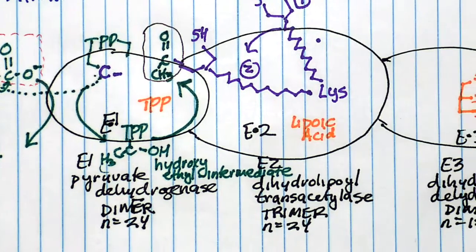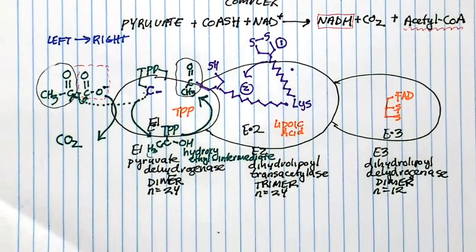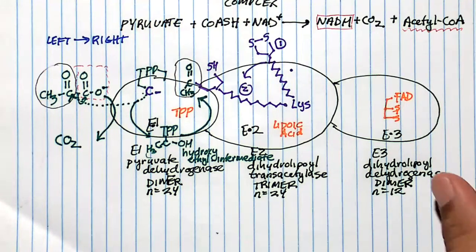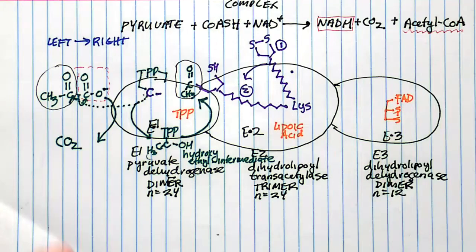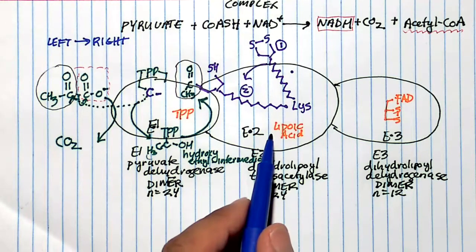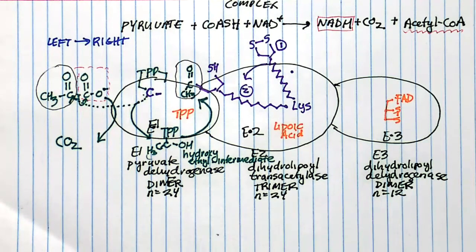So the next step in this process is to actually make our very first product, and that is acetyl-CoA. So this is where our fourth cofactor comes into play, and our fourth cofactor is coenzyme A. So our first cofactor was TPP, our second cofactor was lipoic acid, and our third cofactor is FAD. So coenzyme A is going to come in.